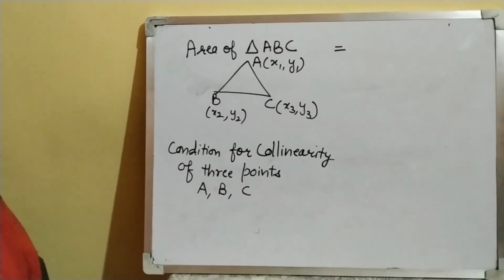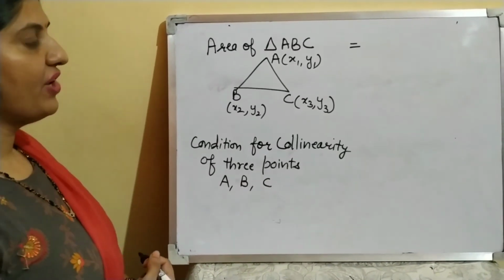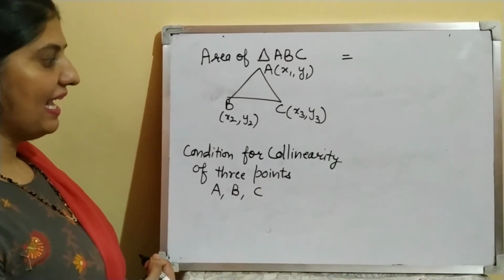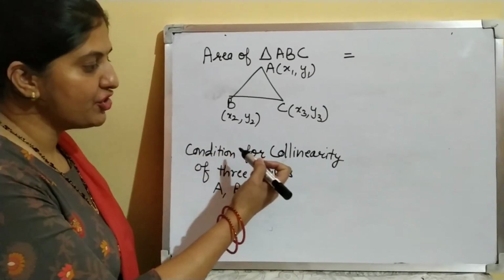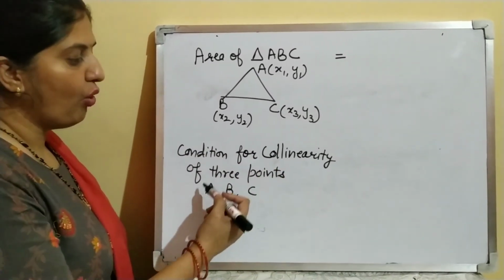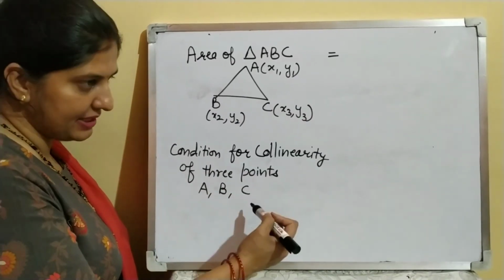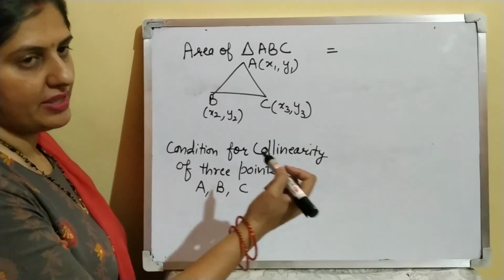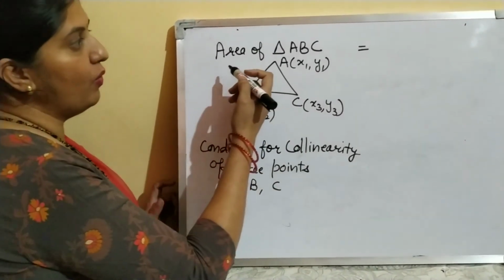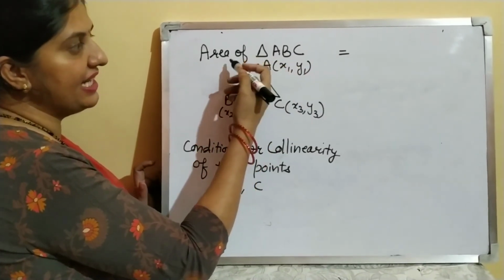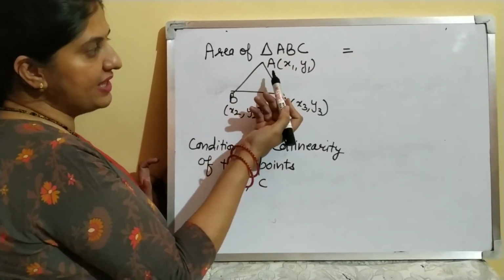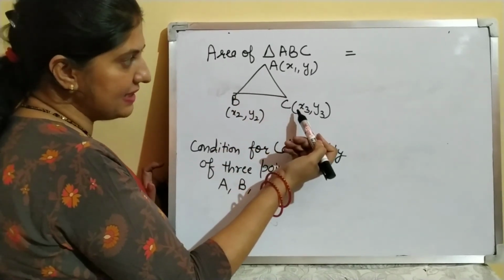In this way we can calculate the area of triangle ABC and we can find the condition for collinearity of 3 points A, B, C using determinants. Now, what is the formula for finding the area of triangle ABC with vertices A, B and C?